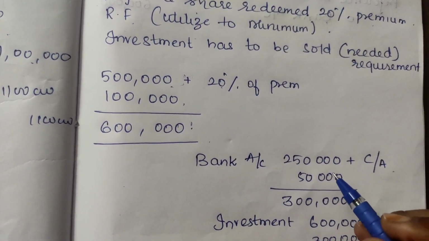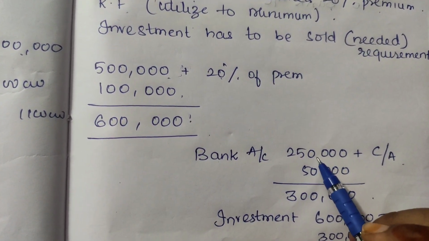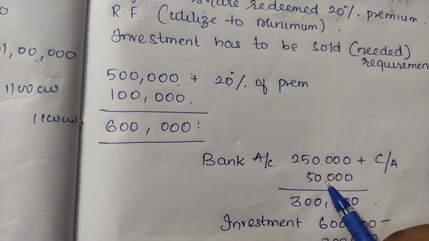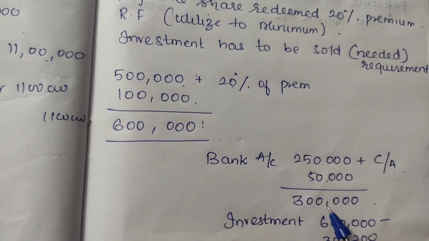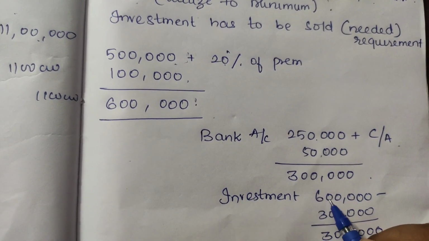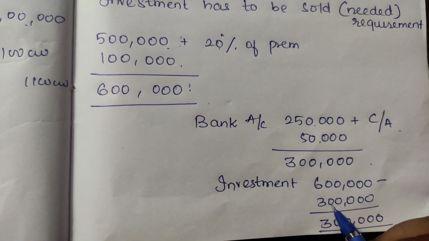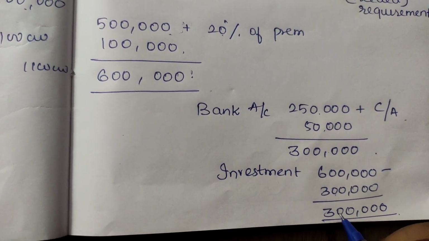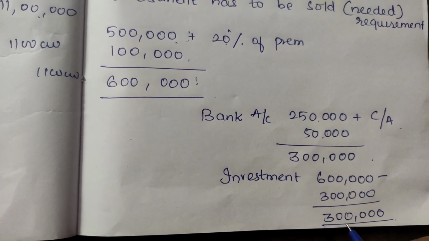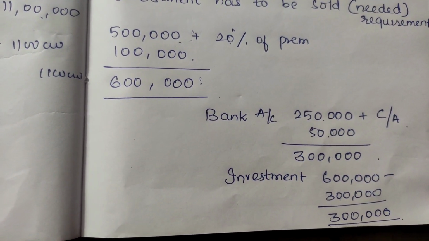So bank account is 2,50,000. This is our calls in arrear. So overall we have 3 lakh. Investment is 6 lakh. In that, if we remove this bank, how much of investment do we need to sell off? We need to sell off 3 lakh of investment.